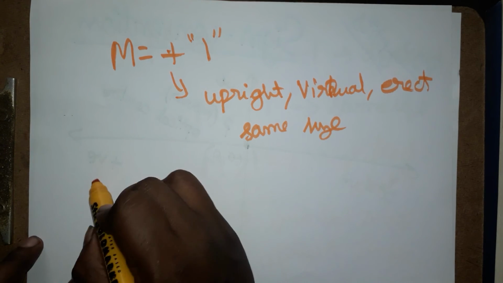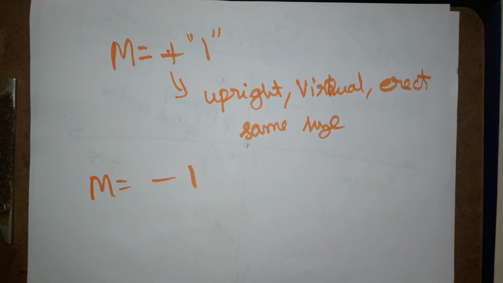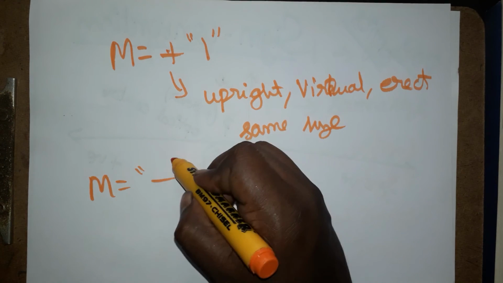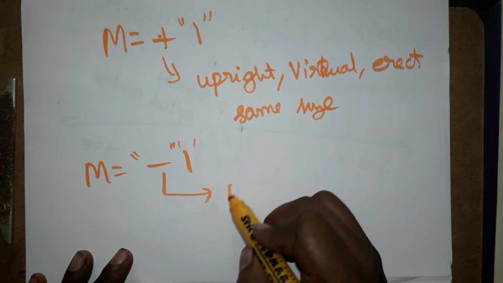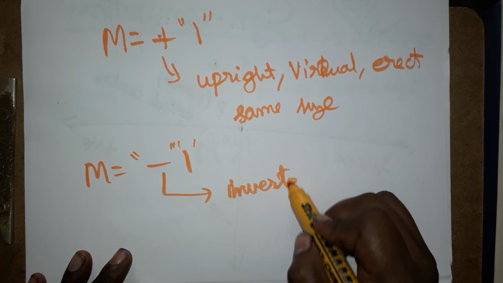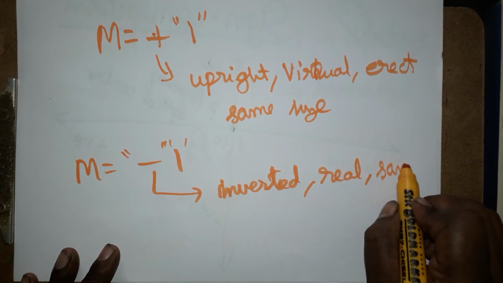Next one, magnification is negative 1. Don't take this value as less than 1, because the negative is separate and the value is separate, like that only you should see. Negative is inverted, real. So 1 is for same size.